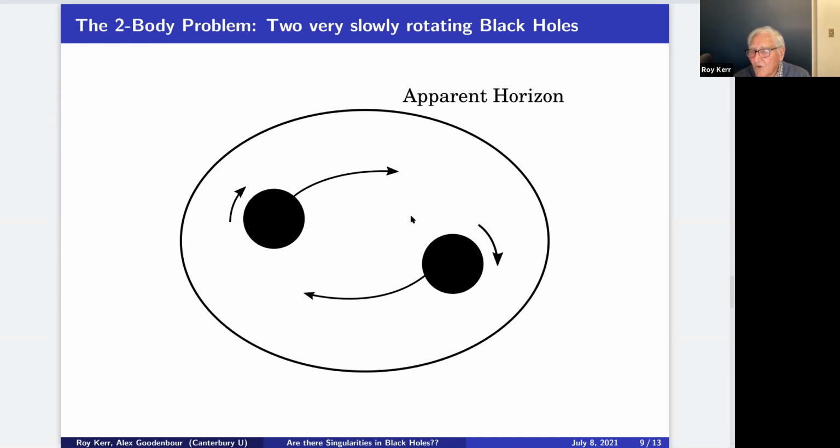Its outer boundary will not be at the event horizon, it will be inside. And it's as likely to be some r equals constant surface as anything else.